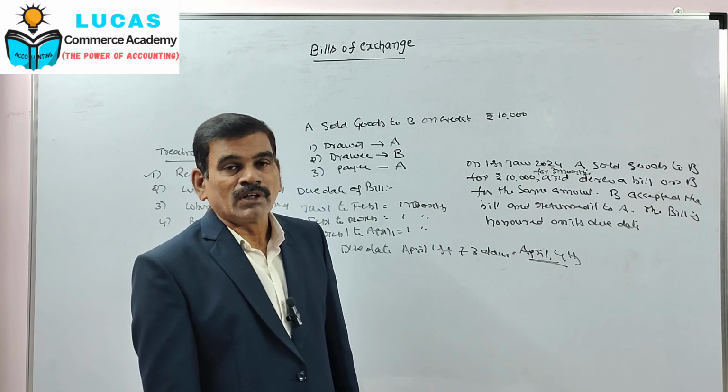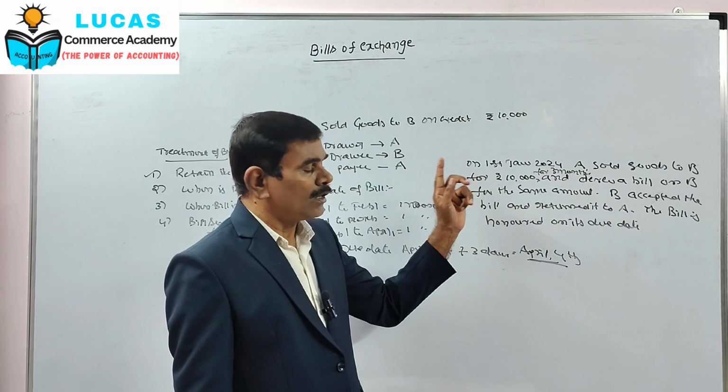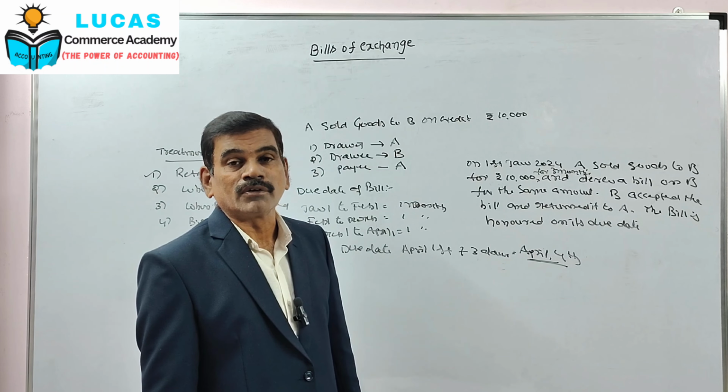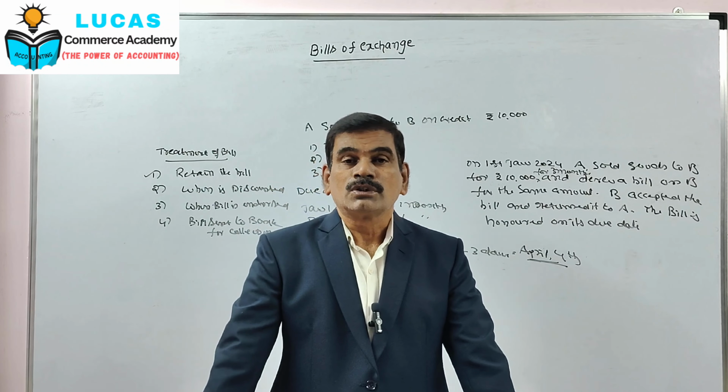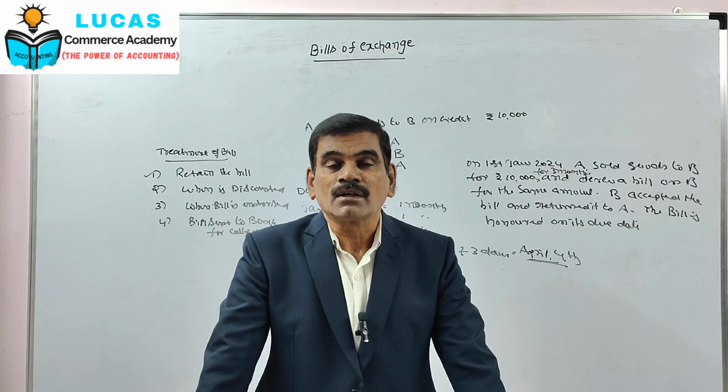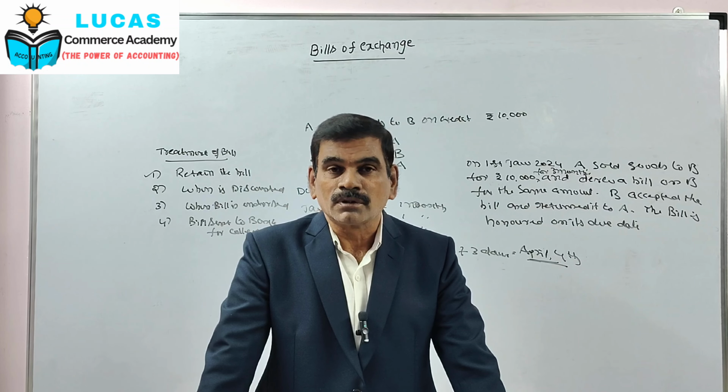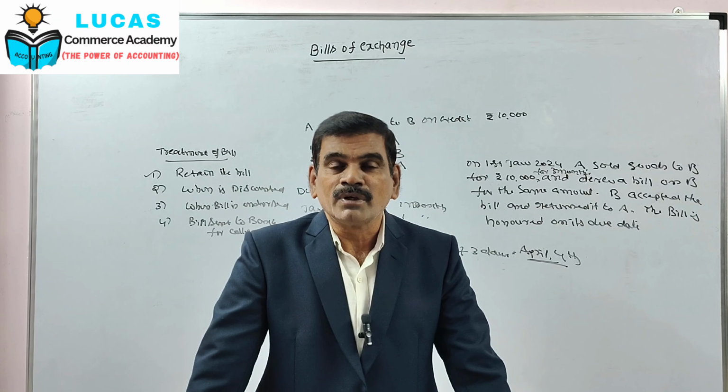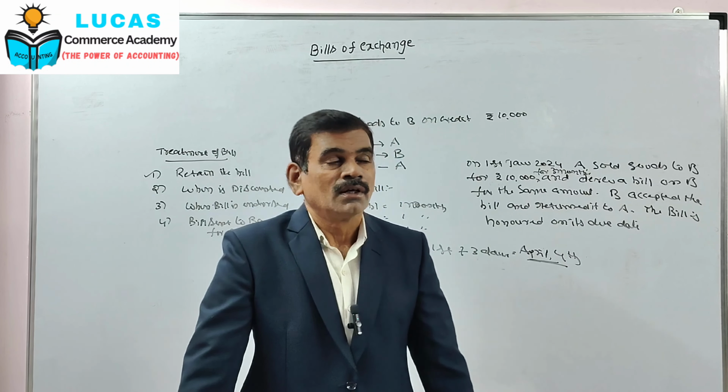What journal entries are to be passed in the books of the drawer? The first one is when goods are sold on 1st January 2024. Goods sold to B, so B's account debit to sales account. That means drawee account debit to sales account.